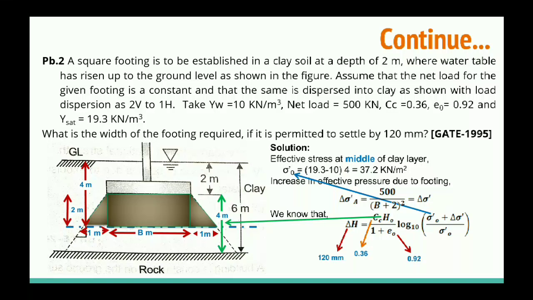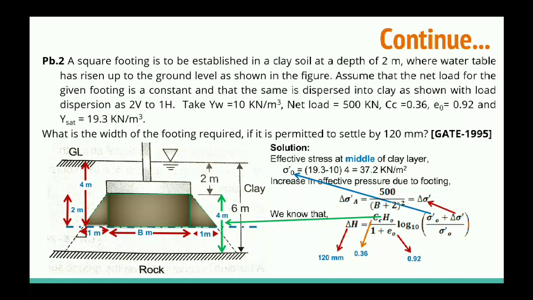We have sigma dash, the initial effective stress at the middle of the clay layer. Again I am saying the middle of the clay layer, don't be confused. We have calculated it as 37.2 kilonewton per meter square, and we have delta sigma dash in terms of B. So in this equation only capital B is unknown.